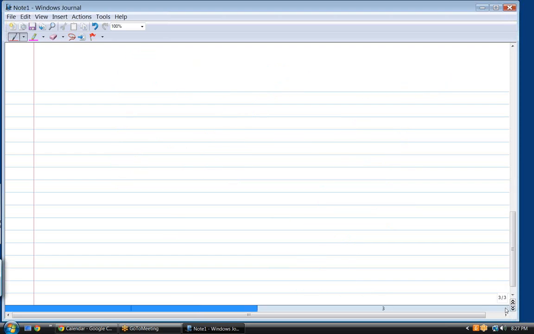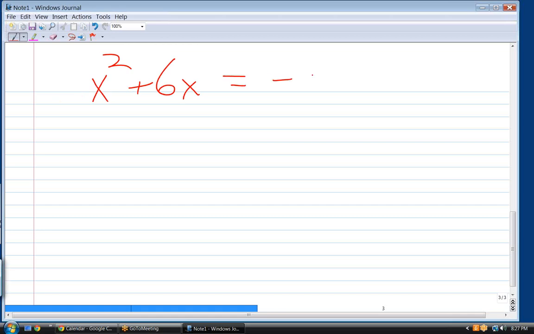All right. What else? This one says find the number and type of solution for x squared plus 6x equals negative 9. And it says find the number and type of solution. That means analyze the discriminant.